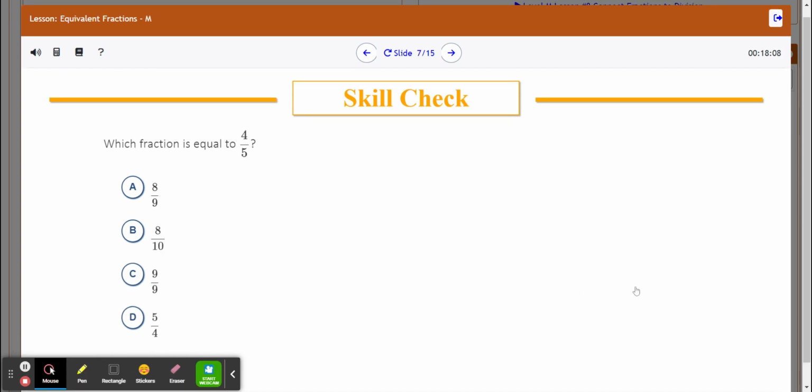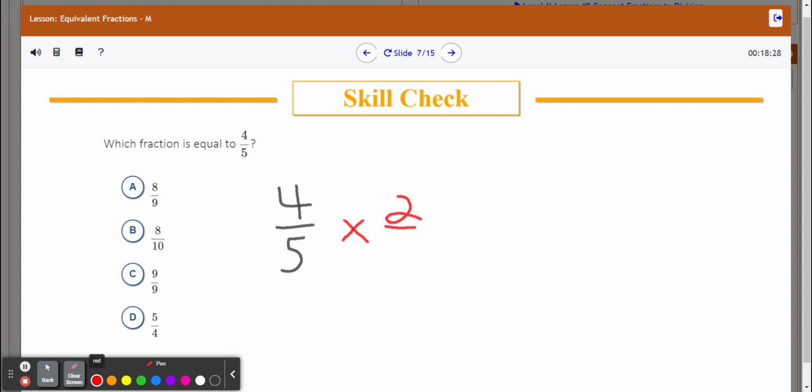Let's look at one last example. Here the question is asking, which fraction is equal to 4 over 5? Well, let's start with 4 over 5. And again, as long as you multiply the top and bottom by the same number, that's okay. I'm going to multiply by 2 over 2. Again, if the top number is 2, the bottom number is 2.